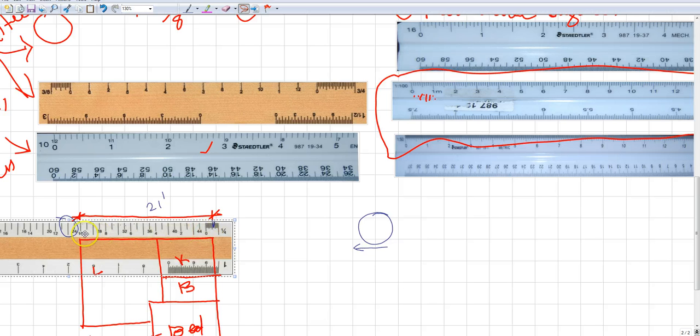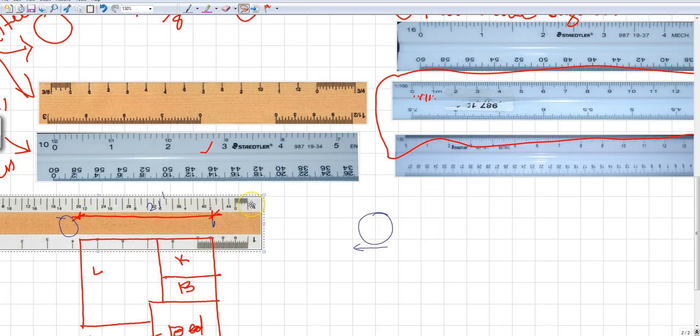So I have 0 to 10, that's 10 feet, and then it's right in the middle, so that's 10 feet 6. Okay, so if I were to use 1/4 scale for the same distance, then my distance would be 10 feet 6 inches.